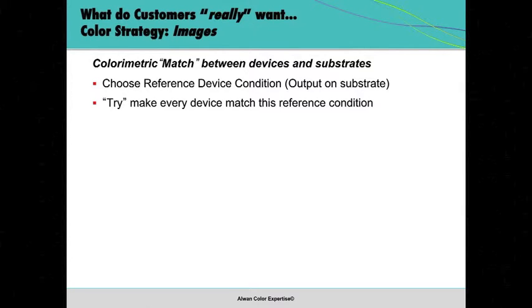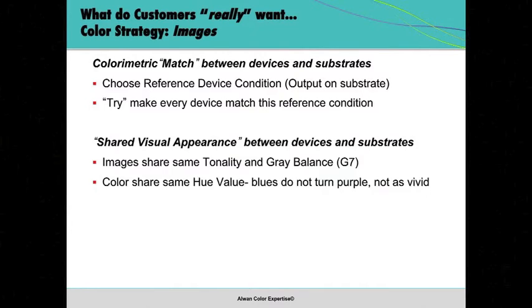But when you start talking about outputting on digital presses and large format presses, there's a confusion between what a colorimetric match is versus what I'll call a shared visual appearance match. Shared visual appearance means that I'm taking advantage of all the color that my output devices have available to them.